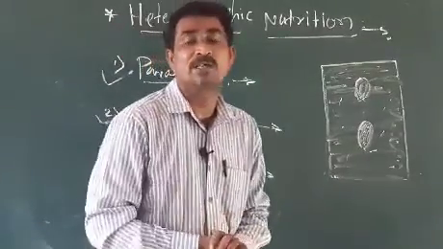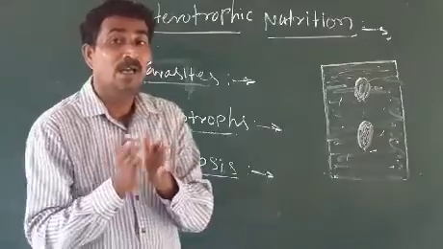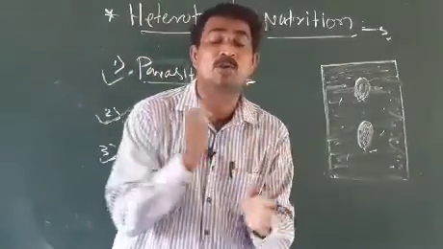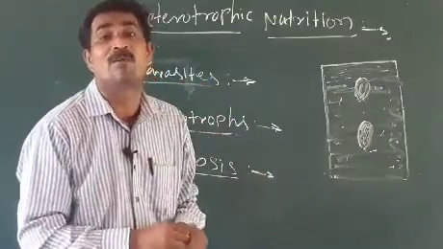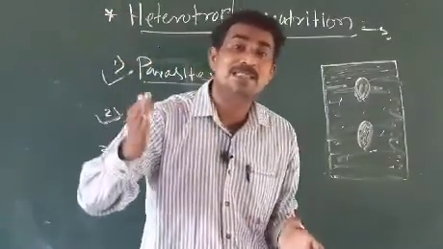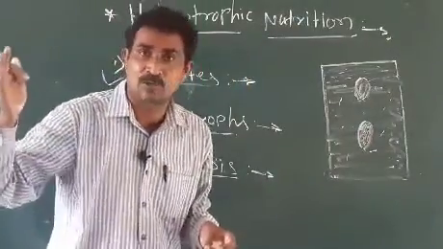Then we go to the last bit of heterotrophic organisms. The organism takes its food with help, why? Because it wants to pass energy into its body. One organism depends on another heterotrophic organism.